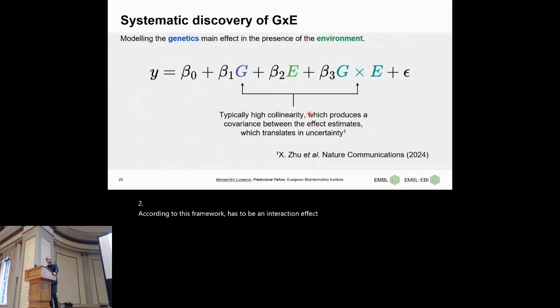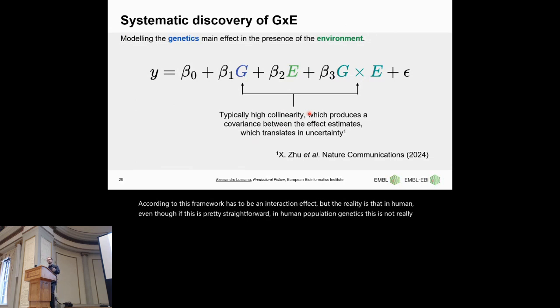But the reality is that in human population genetics, even though this is pretty straightforward, this is not really used. Interactions are difficult to understand and uncover. And this is because typically the genotype and the interaction term have a high collinearity, and the estimates of their effects will covary, and this translates into higher uncertainty of these estimates.